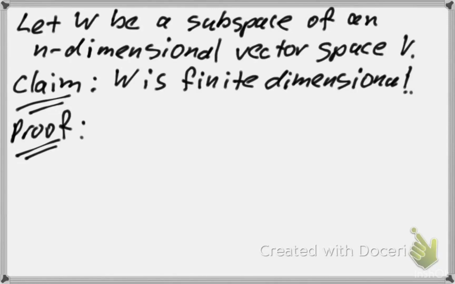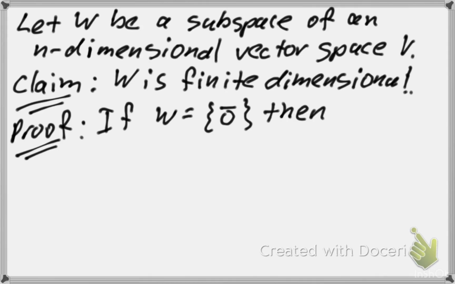Right, so W is a subspace of an n-dimensional vector space V, and we're claiming that W will be finite dimensional, and in fact, the dimension of W will be less than or equal to the dimension of V. Now, if W is the zero vector, then what's the dimension of W? It's equal to 0 by definition.